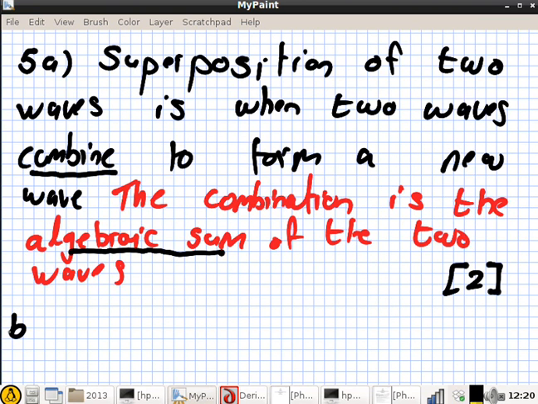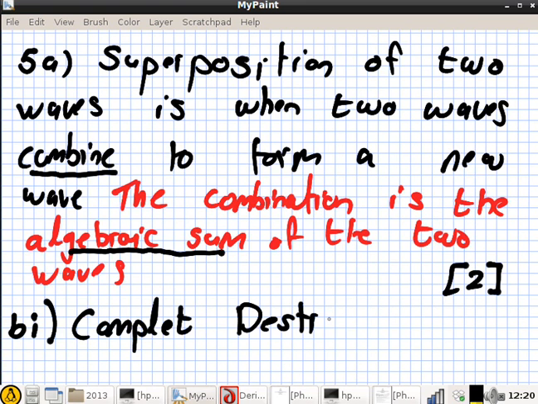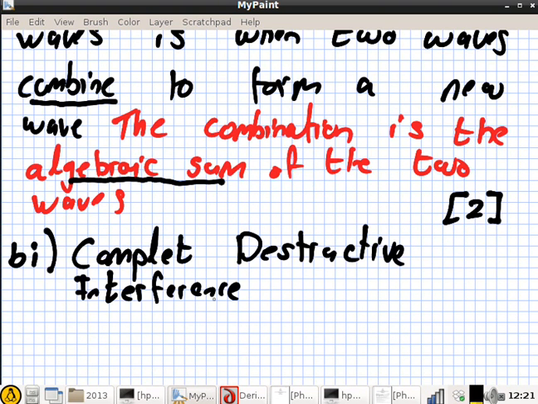Okay, let's have a look at B now. What do you need for complete destruction? So what do you need for the two waves to cancel? Let's try and get a bit technical. Same frequency. There's a special word for that.